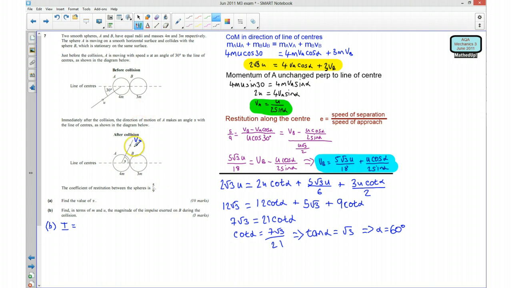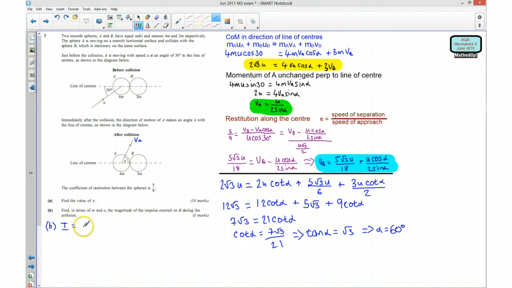Well, B was initially at rest, so the initial momentum of B was just 0. So actually the impulse is actually going to be equal to what the momentum of B along the line of centre is now.